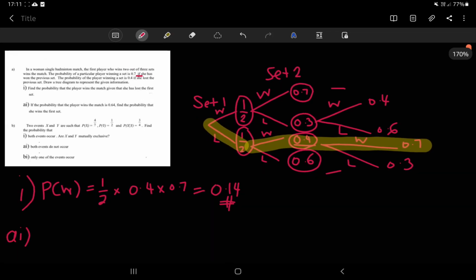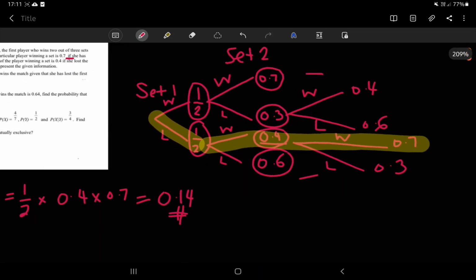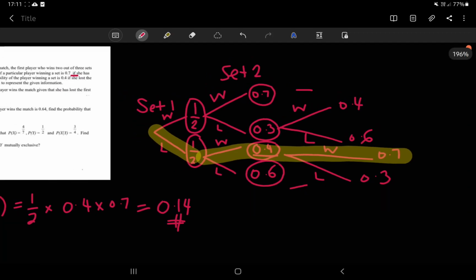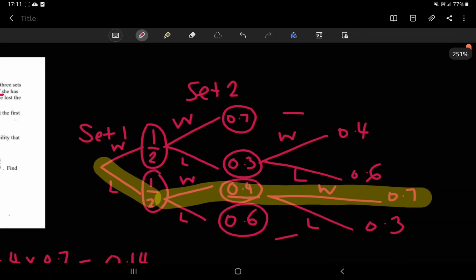But the second question gives you the hint, which is the probability of winning the overall match is 0.64, so then we can do something with it. That's how we figure out the answer. So for the second question, we cannot assume the winning and losing in the first set to be 0.5.